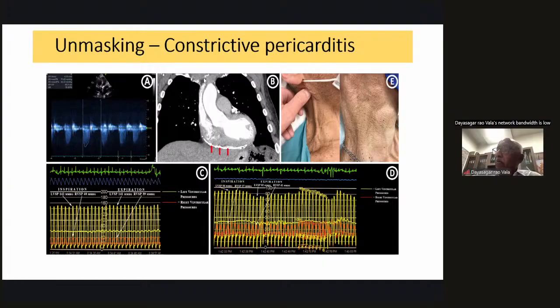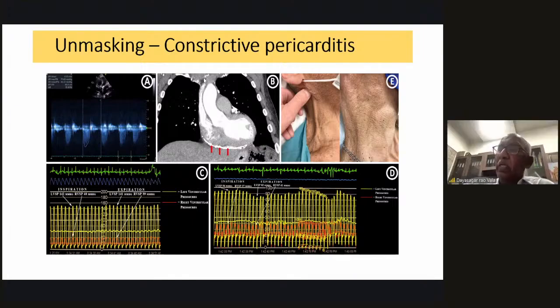The LV end-diastolic pressure was so much elevated that the ventricular septum was not moving with respiration, because one ventricular pressure was much higher than the other ventricle.